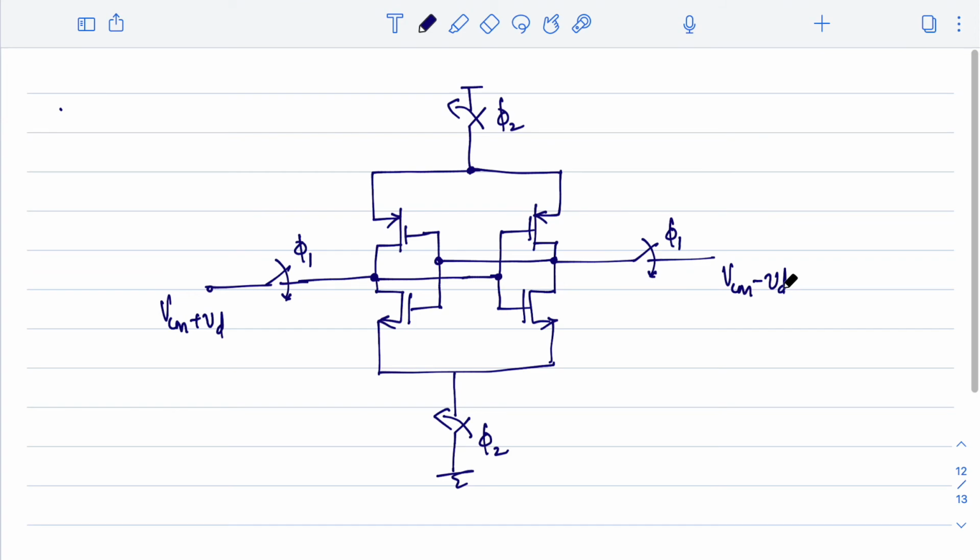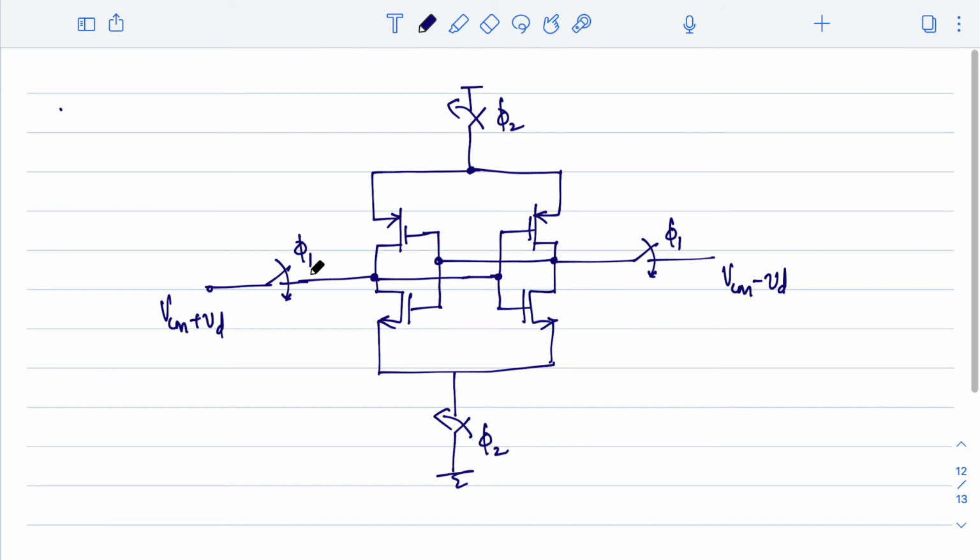Yeah, this is the circuit. I will not say this is the final circuit, but with this we can think about how a comparison is made and how the voltage is getting regenerated. Right now, look at this.